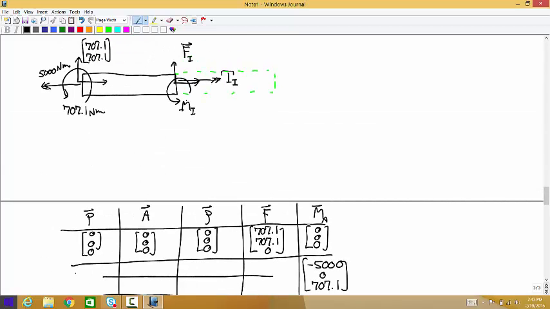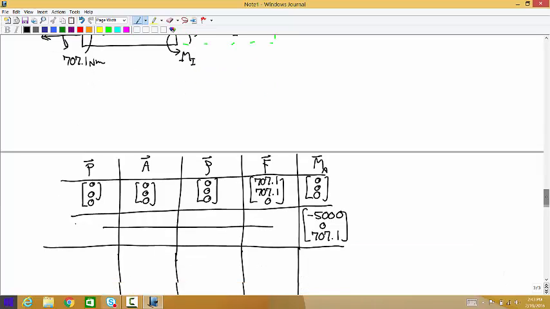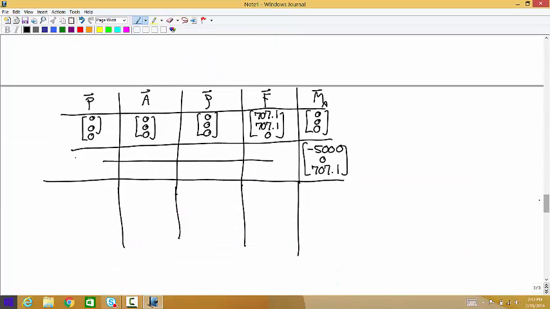And now at the cut, that location is 0.5, 0, 0. The about point is still the origin. The r vector is 0.5, 0, 0.